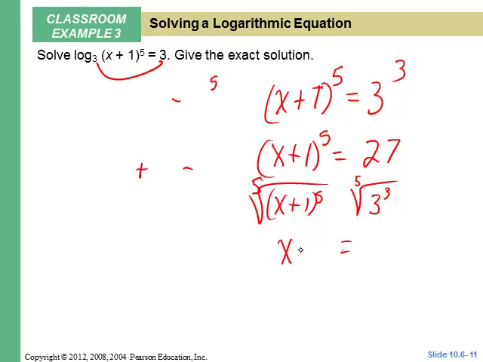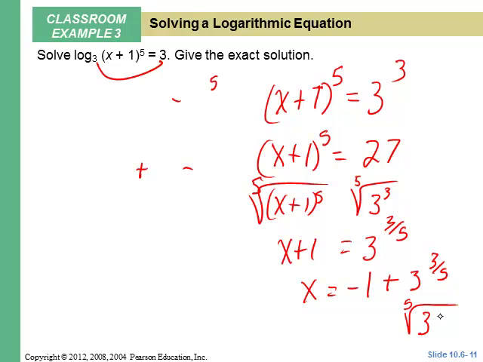So we would have x plus 1 is 3 to the 3/5, or x equals negative 1 plus 3 to the 3/5, or I guess we could have left that as the fifth root of 3 cubed. Either way, we can't get it any simpler than that because it won't simplify anymore.